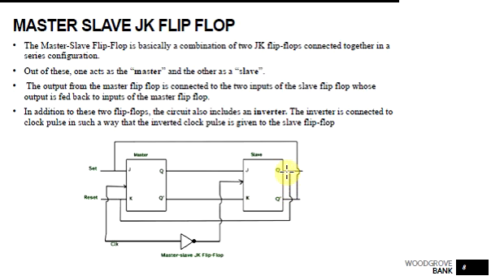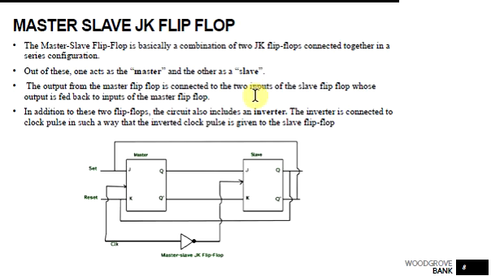Output Q is fed back to the K input of the master. Similarly, Q bar is connected to the J input of the master. This feedback configuration from the slave output to the master input gives the characteristic toggle effect of the JK flip-flop, which we'll discuss later.